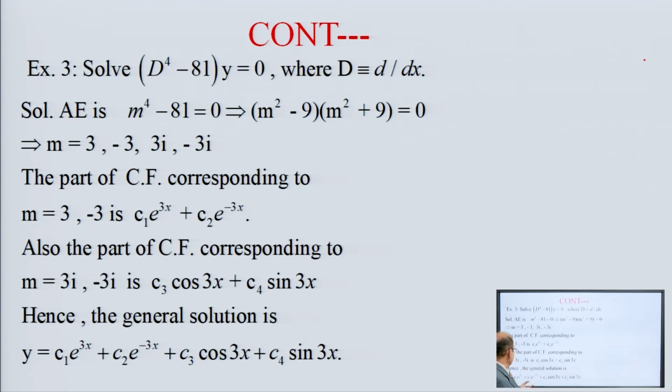Hence, the general solution is the combination of both: C1 e raised power 3x plus C2 e raised power minus 3x plus C3 cos 3x plus C4 sin 3x. It is a fourth order differential equation, so it must contain four arbitrary constants.